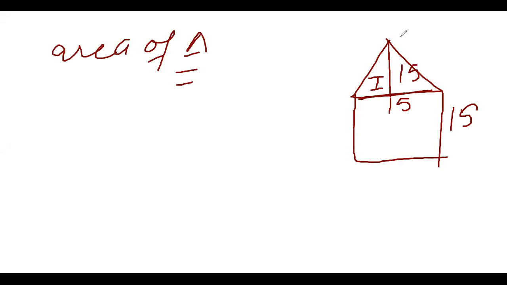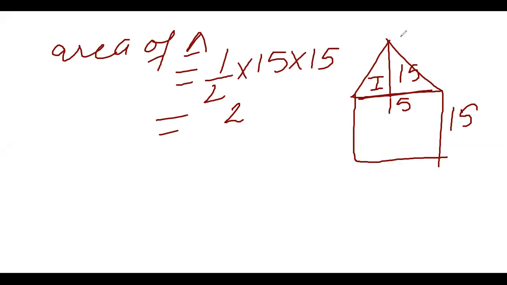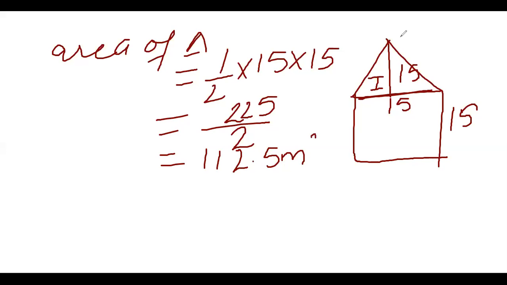Area of triangle, what will you get? Half into base into height, that is 225 divided by 2, which is equal to 112.5 meters square, right? And then we will find out the area of the square.